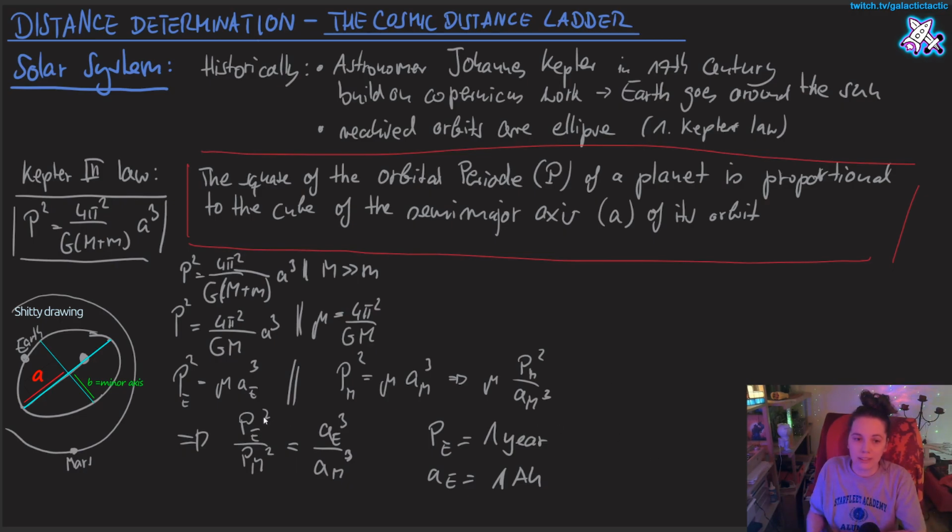And then we can put it in the formula, which we can rearrange to the semi-major axis of Mars, and we come up with Mars having a semi-major axis in terms of Earth's distance, without knowing the exact value, of 1.5 AU.